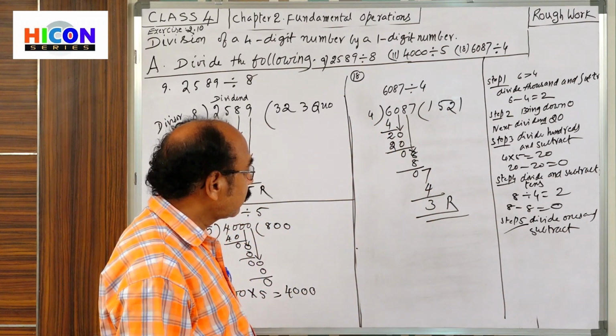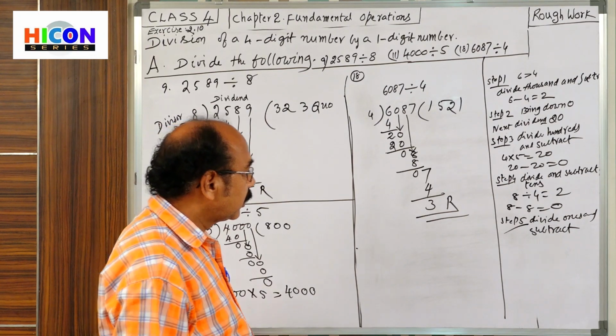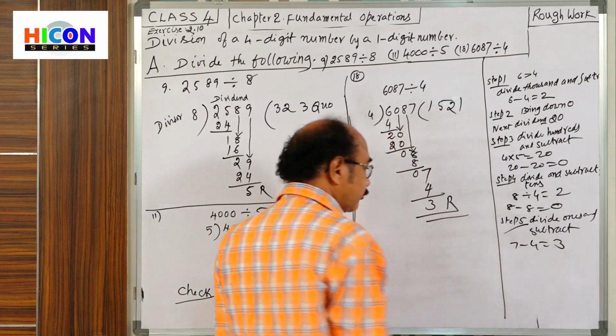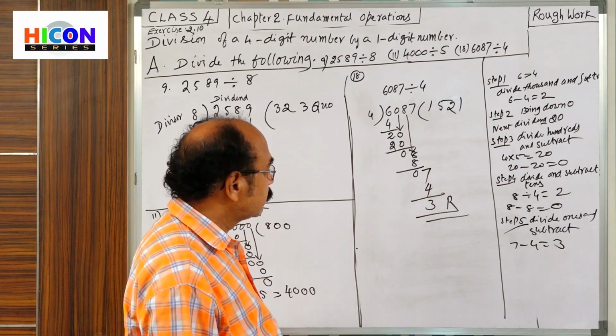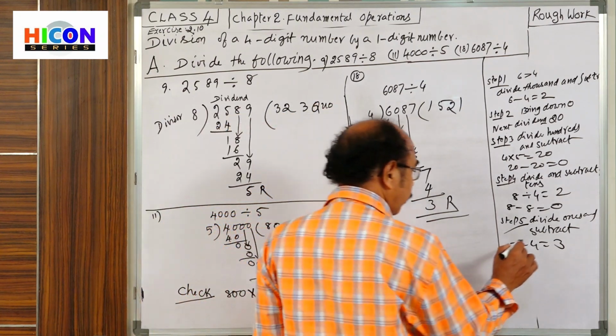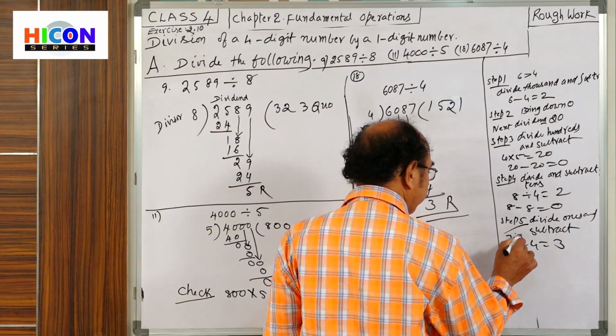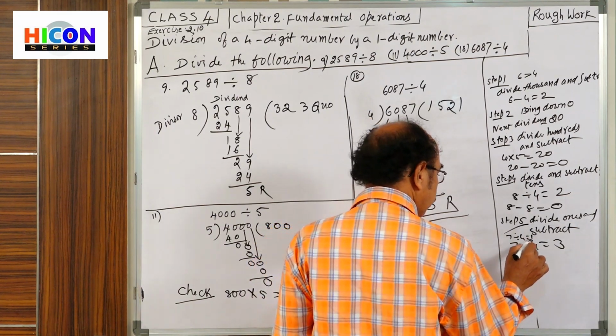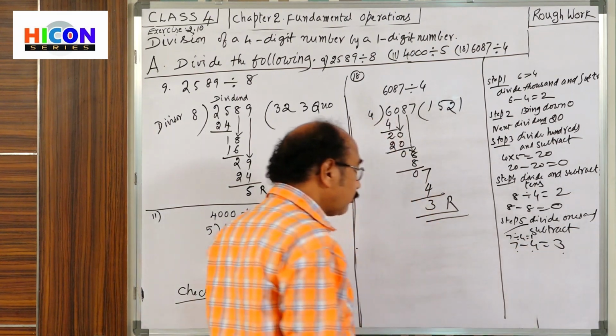So 4 ones are 4. 7 minus 4 is equal to 3. 7 is divided by 4, how many times? One time. So 7 minus 4, 3 is the remainder.